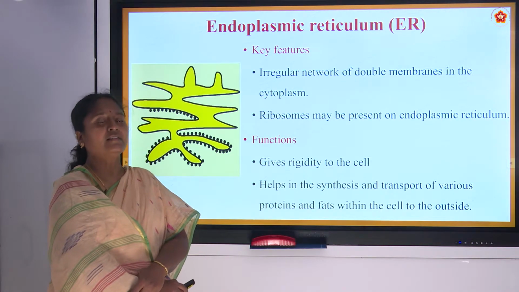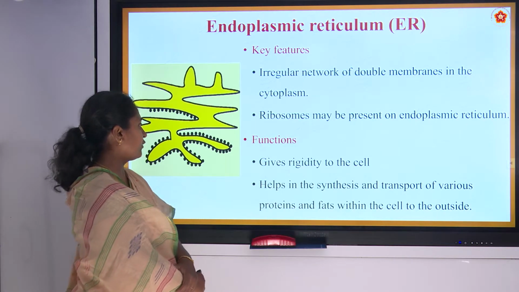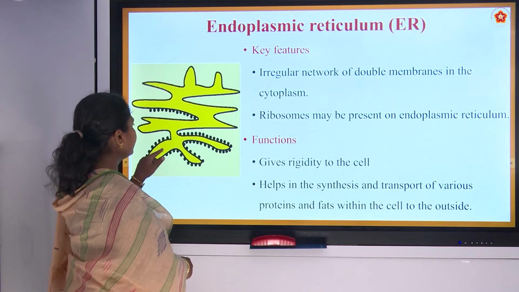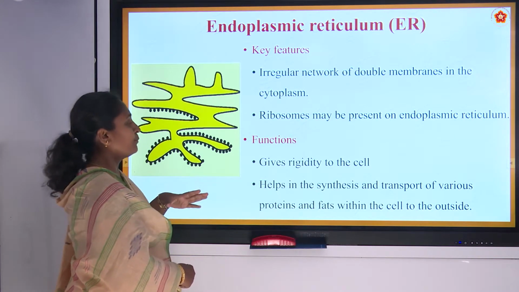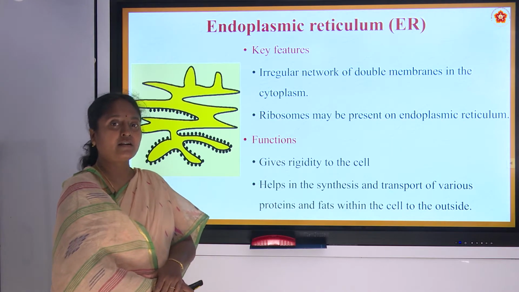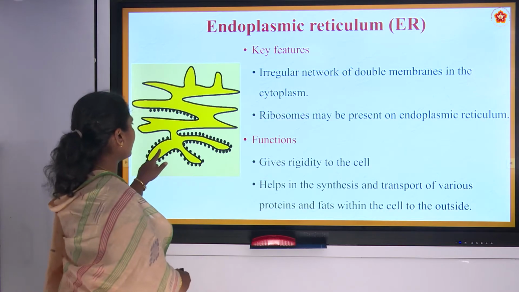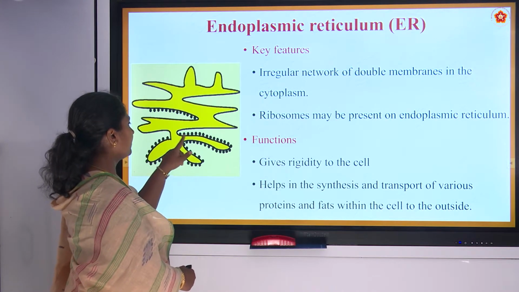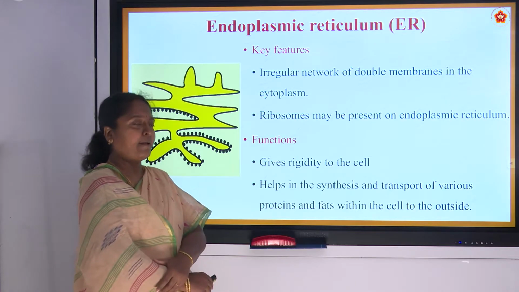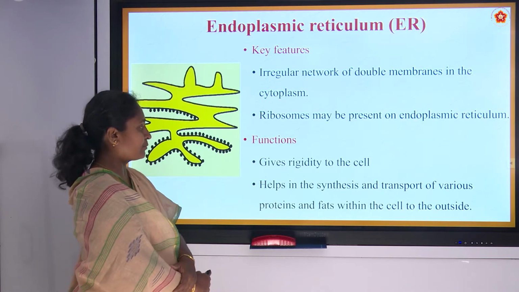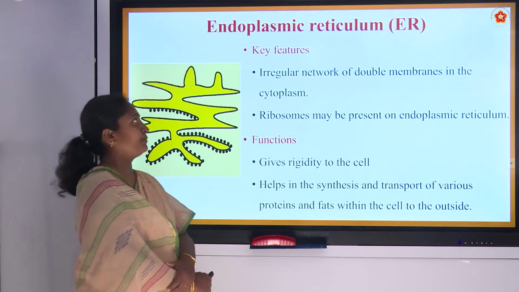It is involved in the packaging and also synthesis of protein and fat molecules. In the lumen, the center part of the endoplasmic reticulum, the protein that is synthesized or the lipid molecule, the fat molecule that is synthesized, will be secreted out. This is the place where the assembly and packaging take place. But we will see what other organelles are present and how they are involved in the cell's function.